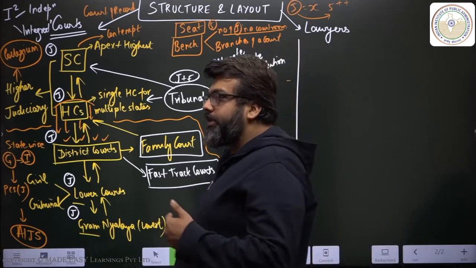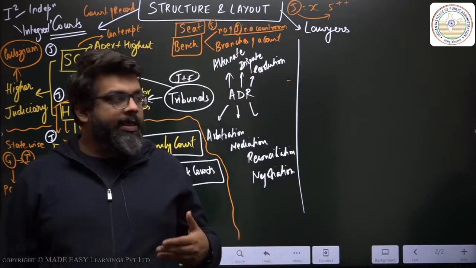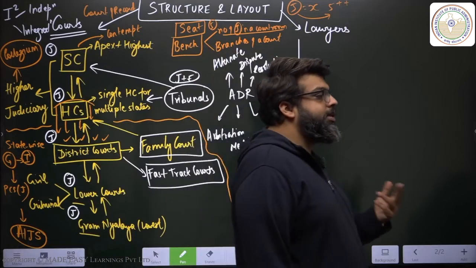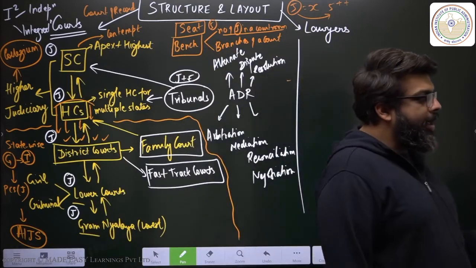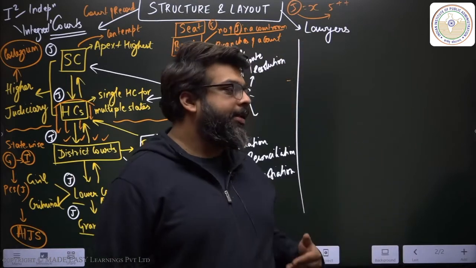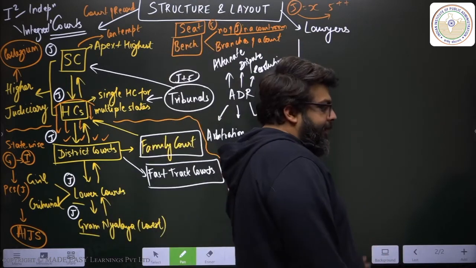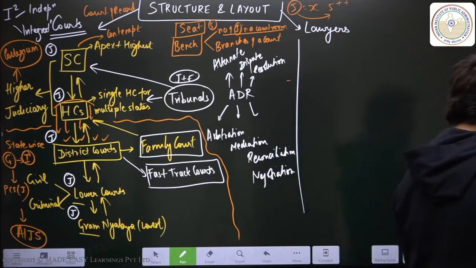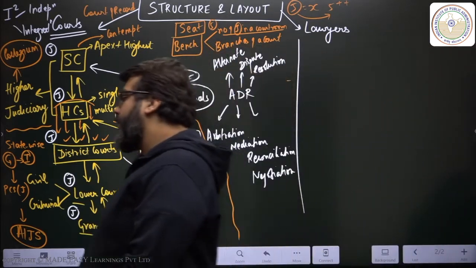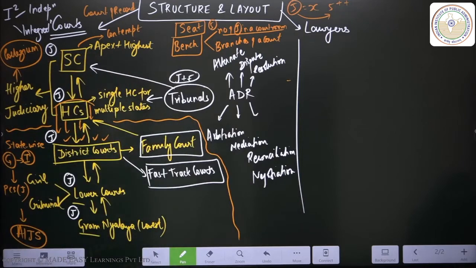If you say something which scandalizes the reputation of the court or the judge, then it is criminal contempt of court. And if you don't follow the order of the court, then it is civil contempt of court. So these are the broad terms. This is the broad ecosystem that the judiciary largely operates under.